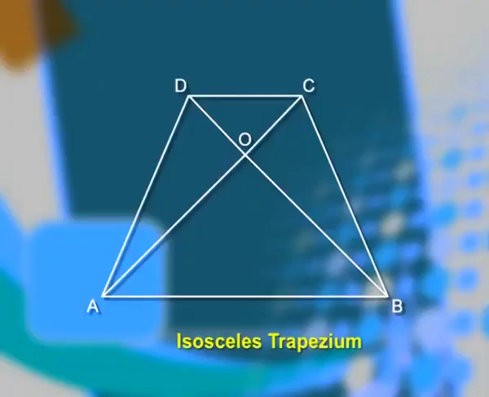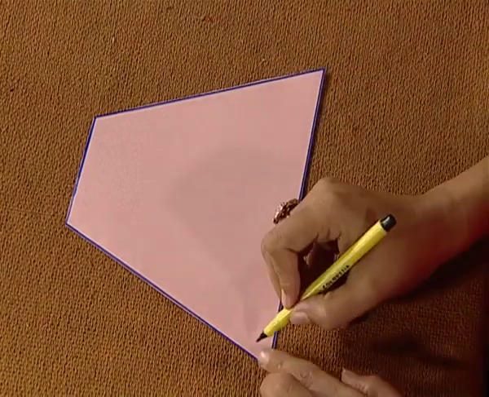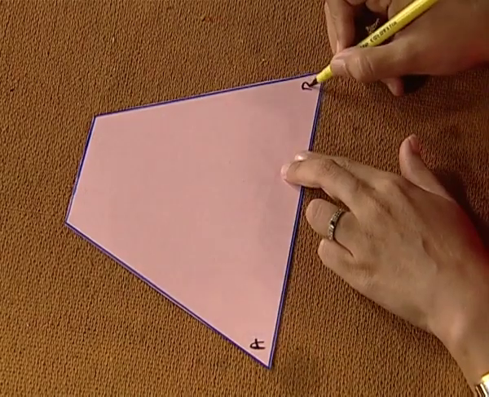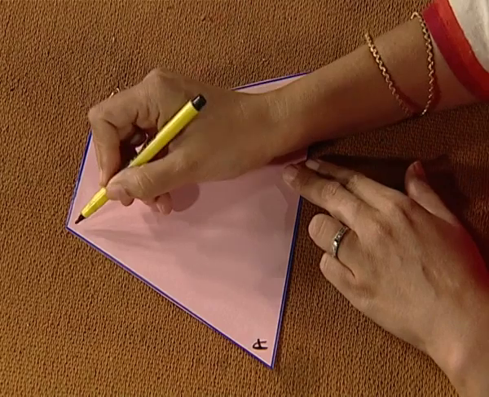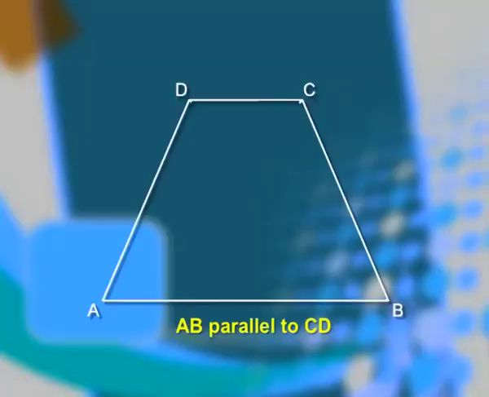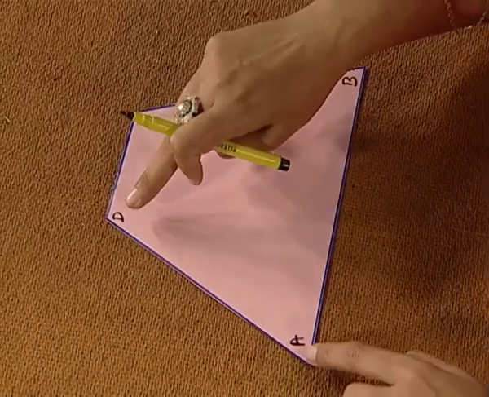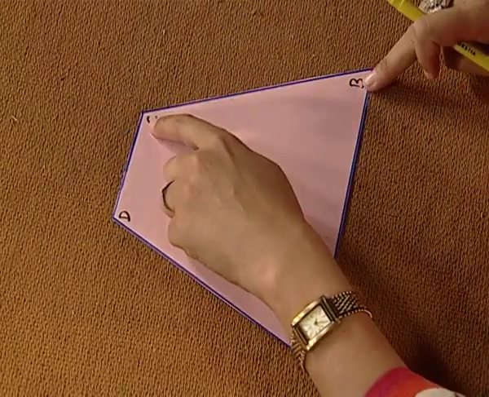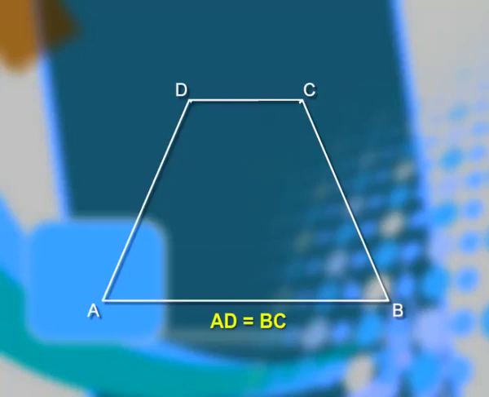Now, we will see what happens in the case of an isosceles trapezium. This is a cutout of isosceles trapezium. In this isosceles trapezium, we have AB parallel to CD and the two sides AD and BC are equal to each other.